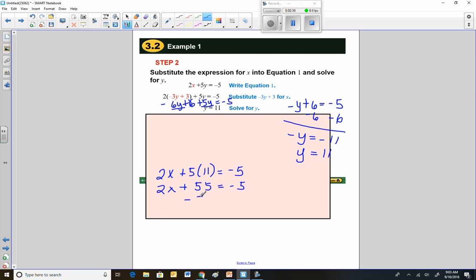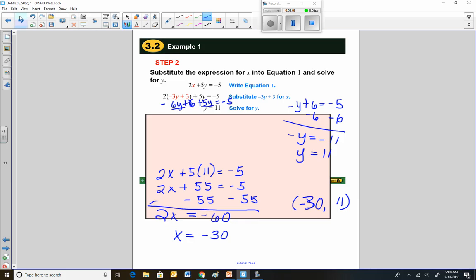Now we subtract our 55, because that's the opposite of adding, and you get 2x equals negative 60. Divide both sides by 2. So x, therefore, is negative 30. So our solution is negative 30 for the x value and 11 for our y value.